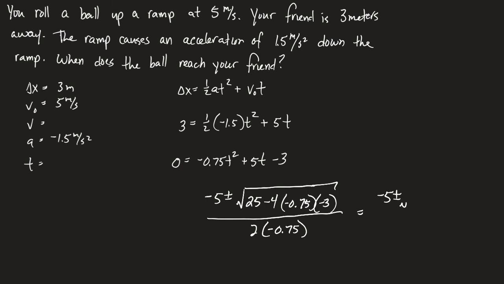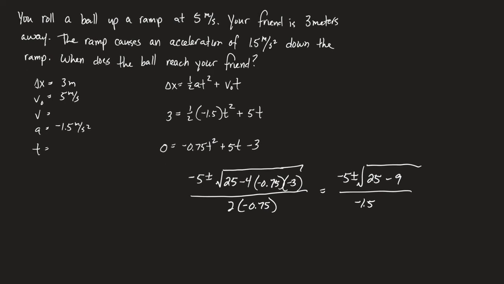Negative 5 plus or minus the square root of 25 minus 4 times negative 0.75 times negative 3. 0.75 is 3/4, so that's all just 9. Negative 9, by the way. Divided by 2 times negative 0.75, which is negative 1.5. 25 minus 9 is 16. You could have factored this. This comes out perfect. Square root of 16 is 4.